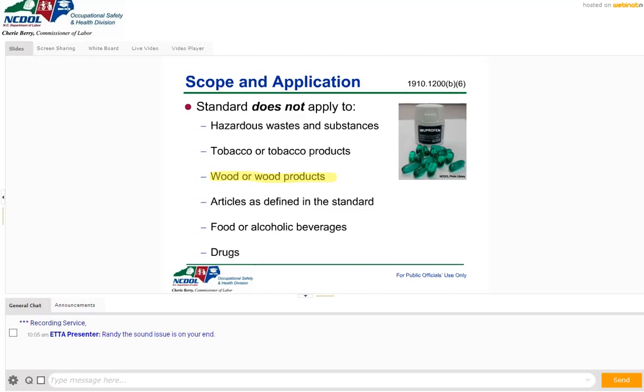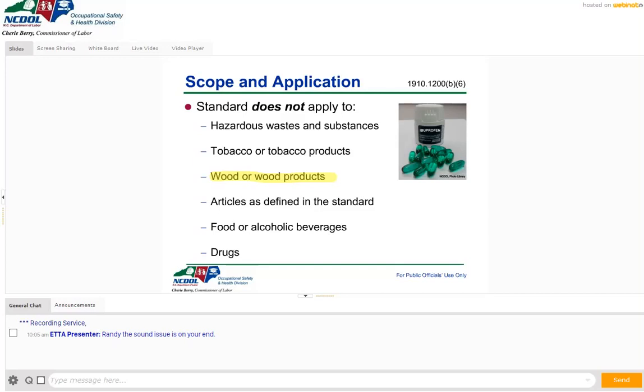And if I bought a plank as a consumer, the company's not going to give me a safety data sheet typically. But if I'm a contractor and I'm cutting that siding and releasing silica, if I'm cutting or breaking that product up in a way to create a hazard, a chemical hazard, then that's going to require a safety data sheet. That's going to require HAZCOM.